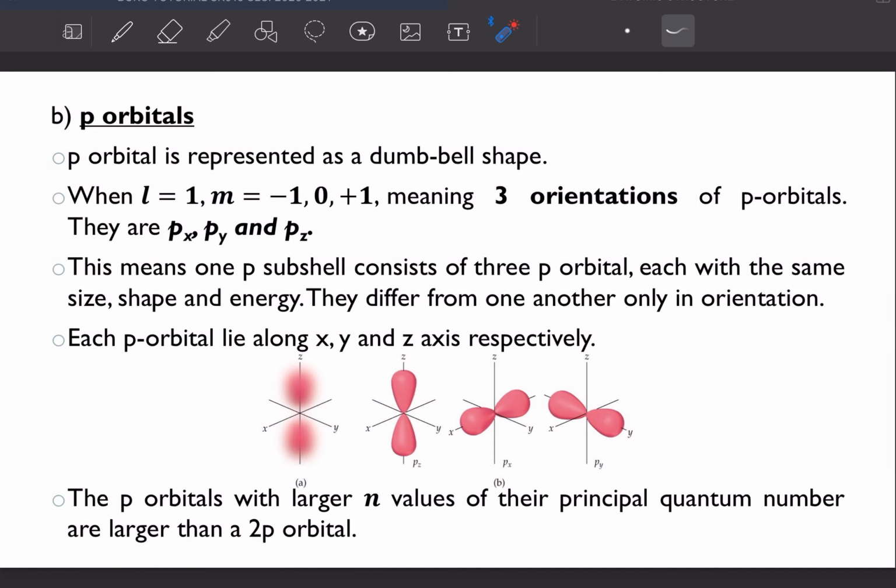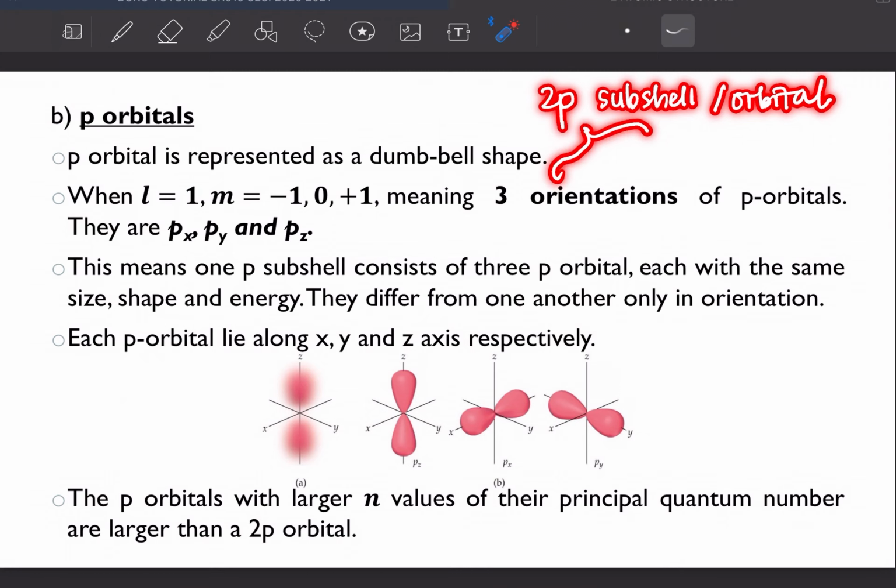So maksudnya if you have a 2p subshell, you will have 3 p orbitals within that subshell. So maksudnya dalam 2p ni, dalam dia ada apa? Ada 3 orientation, 2px, 2py, 2pz.